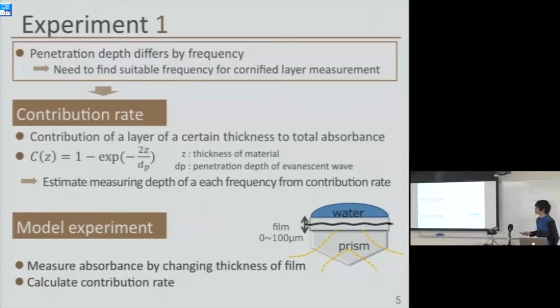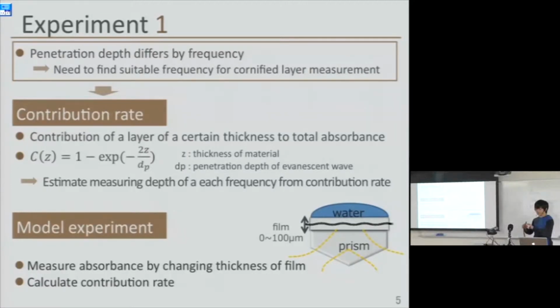Contribution rate is the contribution of a layer of a certain thickness on the surface of the prism to the total absorbance. The contribution rate is calculated by this equation, and by calculating the contribution rate, we can estimate the measuring depth of each frequency.